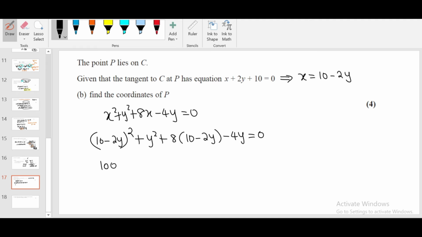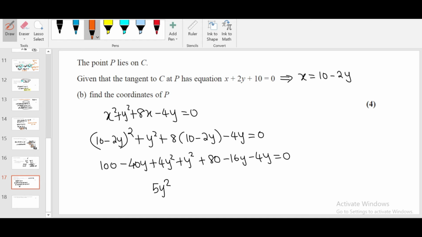You will get a minus b whole square is a square minus 2ab plus b square plus y square plus 80 minus 16y minus 4y is 0. So basically you got 4y square plus y square is 5y square. You have 1, 2, 3 like terms.